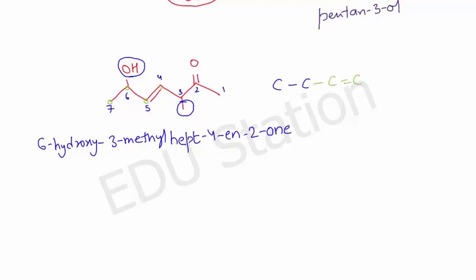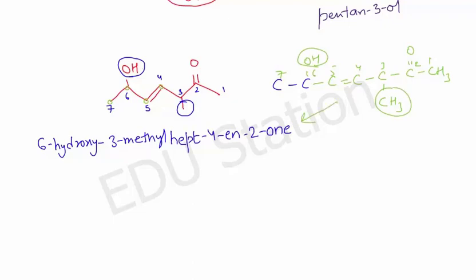Between these two there is a double bond, and this one, this is an OH. Then you have C, which has another CH3 attached to it. C double bond O CH3. 1, 2, 3, 4, 5, 6, 7. So this is the name.